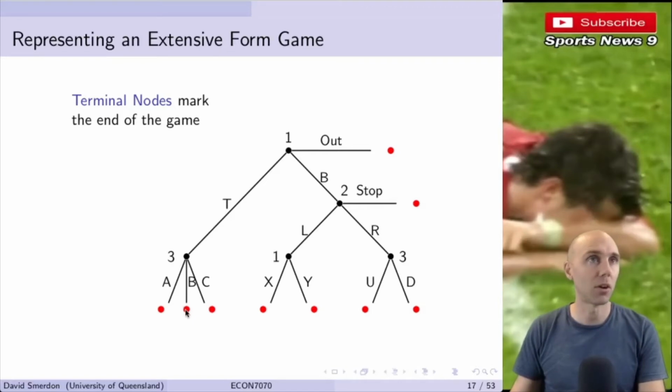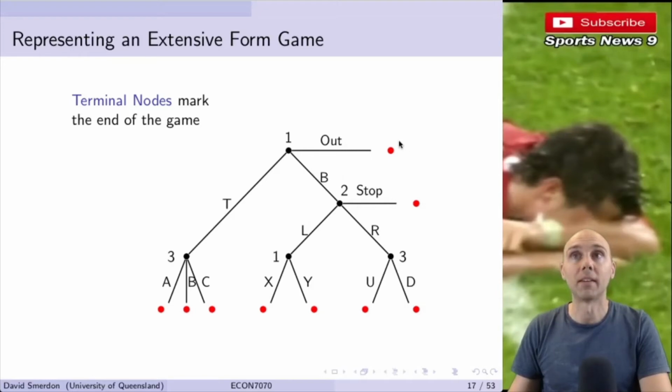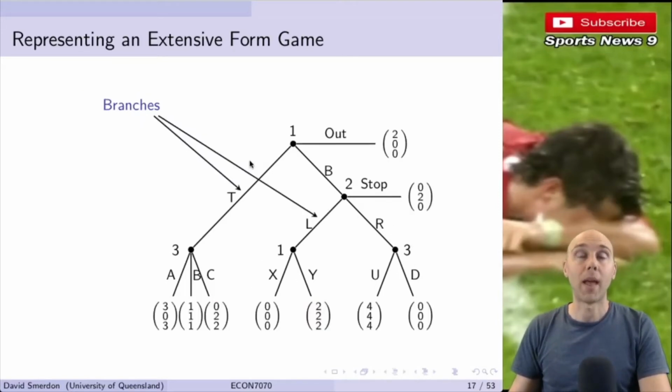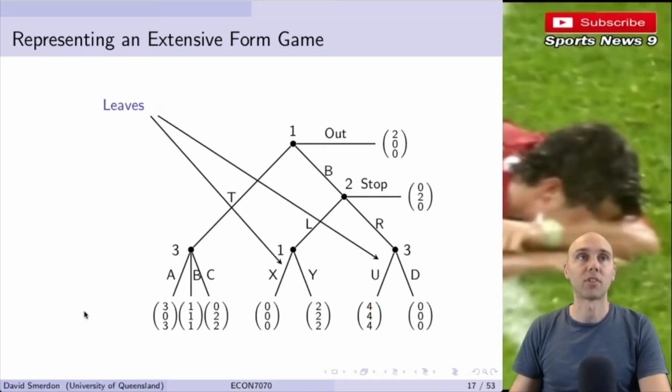Not a decision node, no one's making a decision here, it's the end of the game. So if player 1 plays out, we immediately reach a terminal node. This tree is made up of its root node, its branches, and then just before the terminal node, the leaves, just like in a tree.